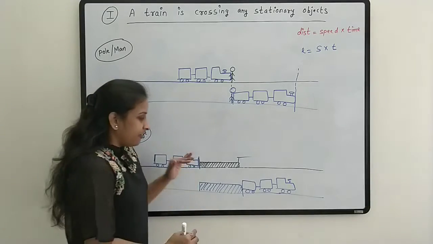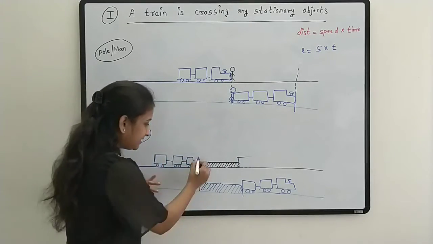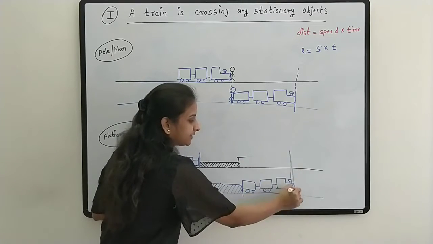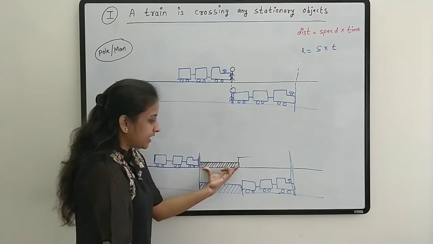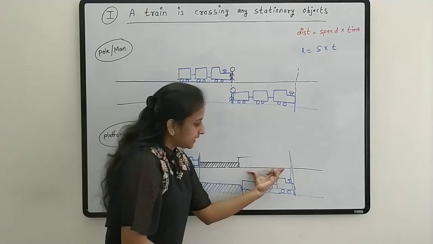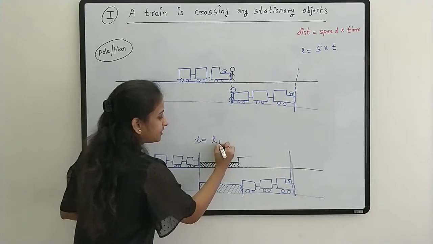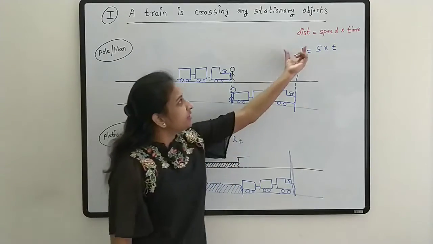So to cross the platform, how much distance has the train travelled? This is the initial position and this is the final position of the train. So the distance travelled by the train is equal to the length of the platform plus the length of the train, right? Now just substitute here.